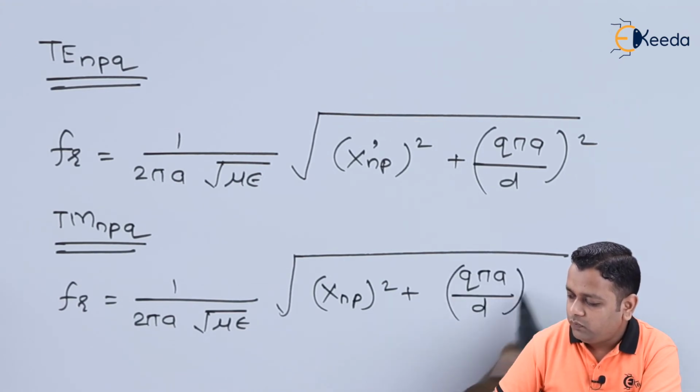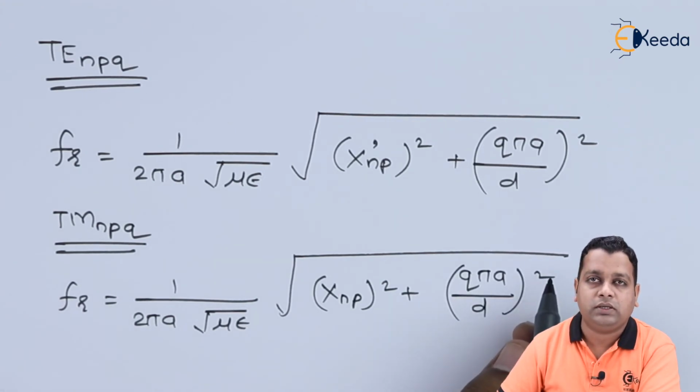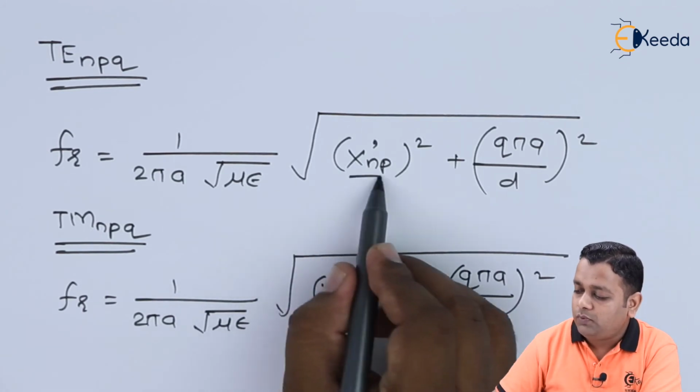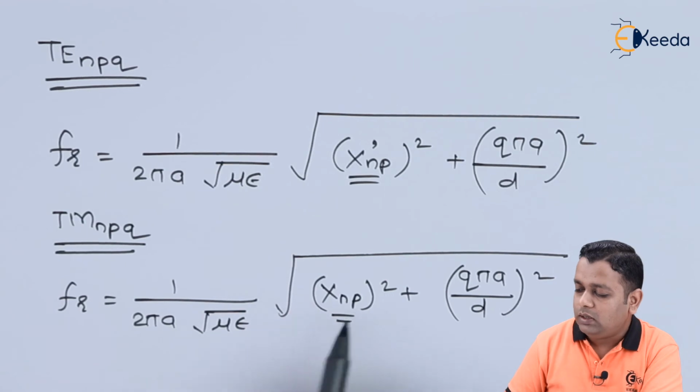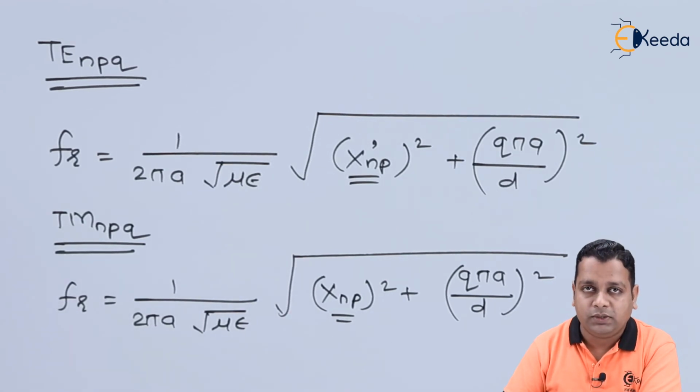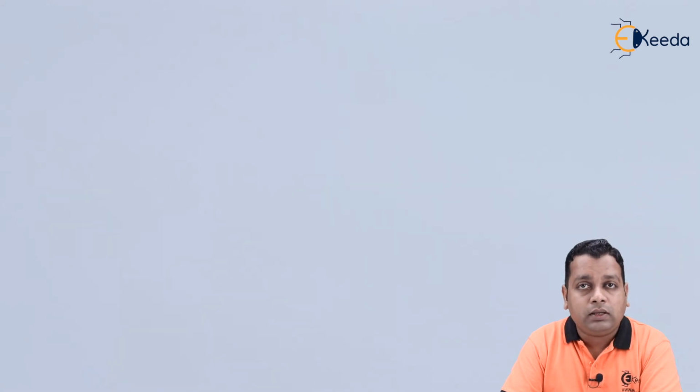So the ratio is squared here. The difference is of the root value. Here it is the derivative representation, and here it is the without derivative representation. Now, when we talk about the dominant mode of operation, we have also seen that it is with respect to the dimensional lengths for the cavity resonators, either rectangular or circular. So it is also applicable to the semicircular cavity resonator as well.